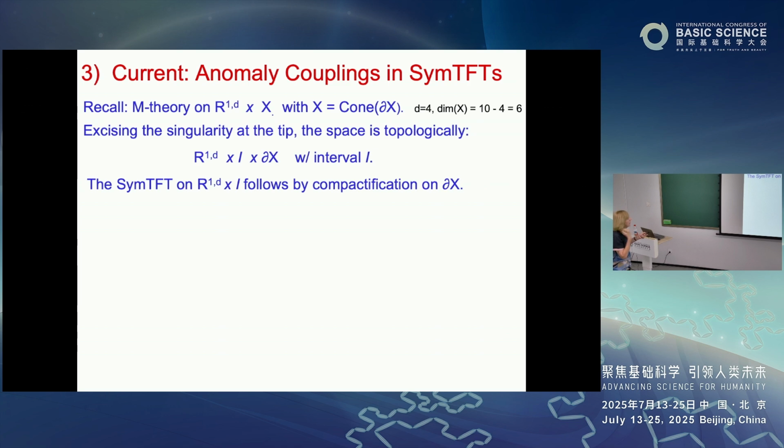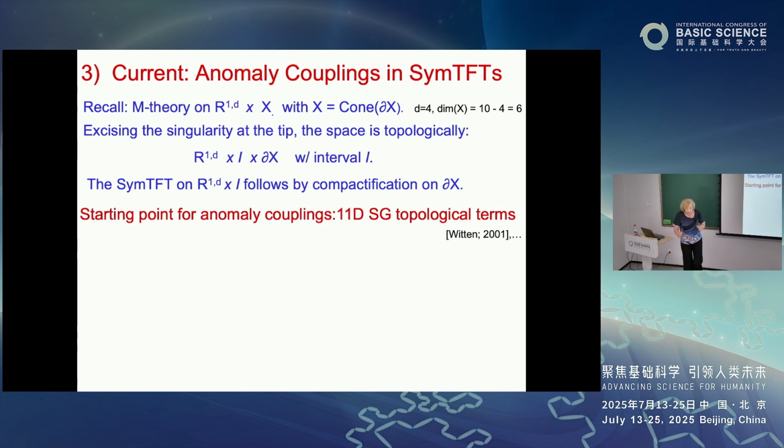In any case, if we are dealing just with isolated singularities of these cones, if we excise the tip of this cone, topologically what we are dealing with is a resulting space-time, in our case in 5 space-time dimensions, the boundary, and now this radial interval that I was highlighting. And again, just a reminder, the SymTFT is associated with the resulting quantum field theory in 5 dimensions and this extra interval that follows from compactifications on the boundary. In any case, it's this SymTFT that I want to highlight, okay?